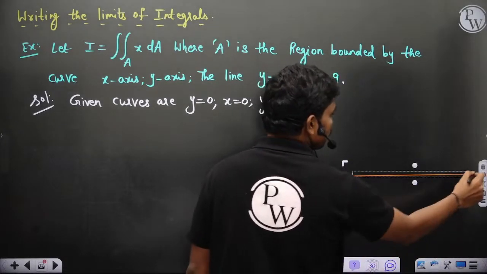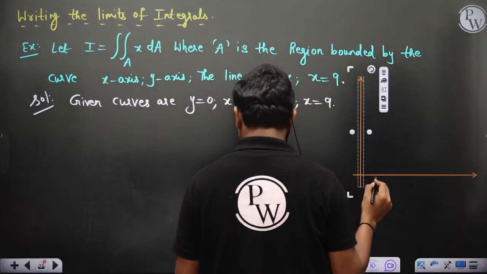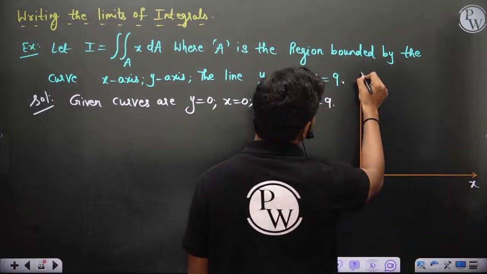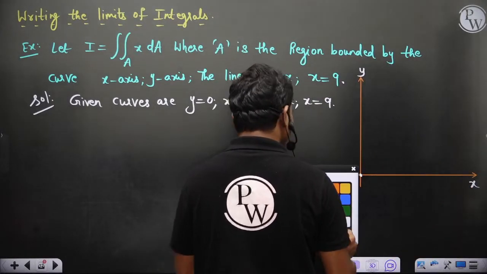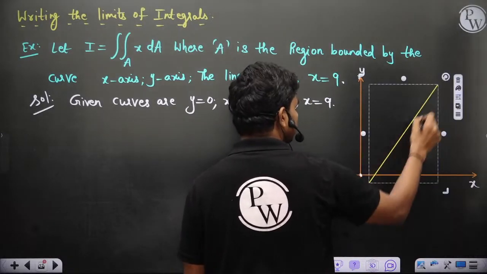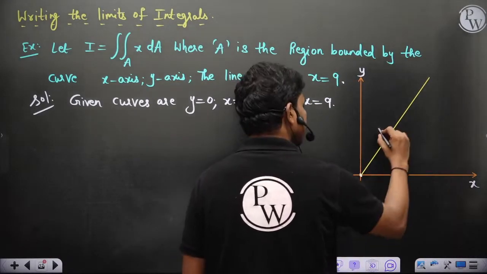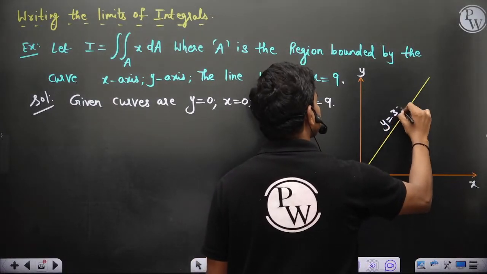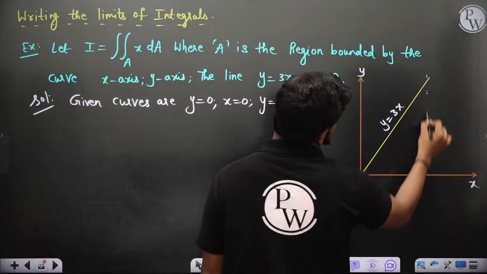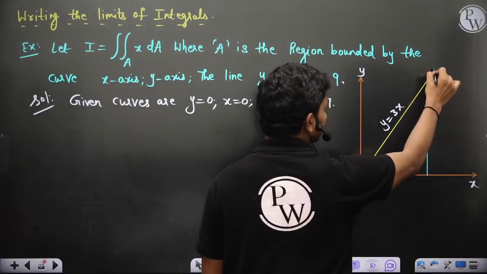So this is x, of course, this is the y axis, then y equal to 3x, obviously it's a straight line passing through the origin, maybe something like this, more steep. This line would be steeper actually. Then x equal to 9 is somewhere here.